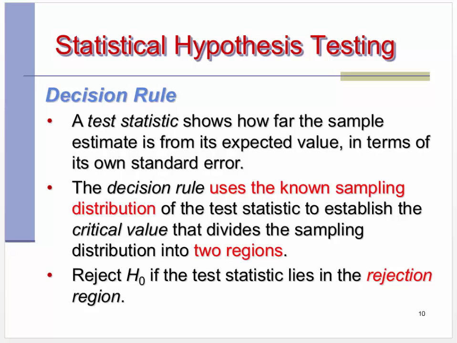We will reject null if test statistic lies in the rejection region. And the most commonly used known sampling distribution is, as you may guess, the normal distribution or bell curve we talked about before.